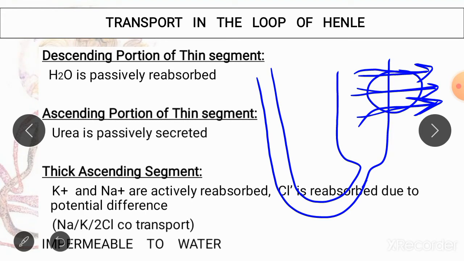And this co-transporter is responsible for around 25% of reabsorption of sodium. You must remember that 65% of sodium was reabsorbed in the proximal convoluted tubule through facilitated diffusion and primary and secondary active transport, and here in the thick ascending limb 25% of sodium is being reabsorbed by secondary active transport, and the transporter is sodium potassium 2 chloride co-transporter.